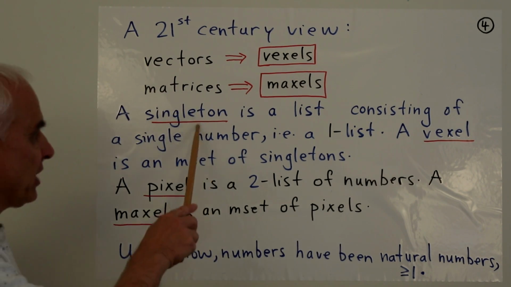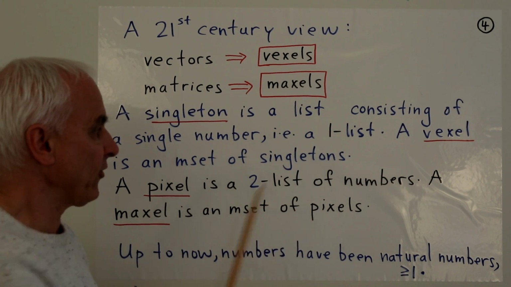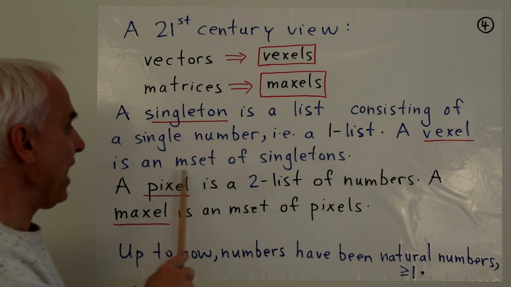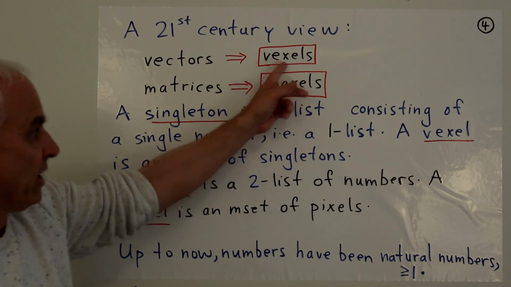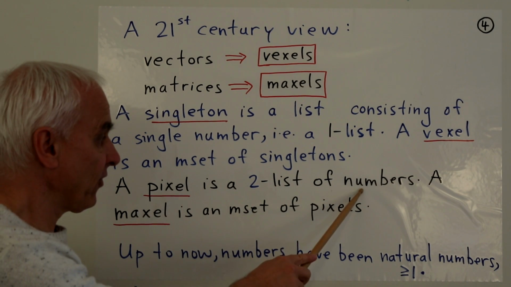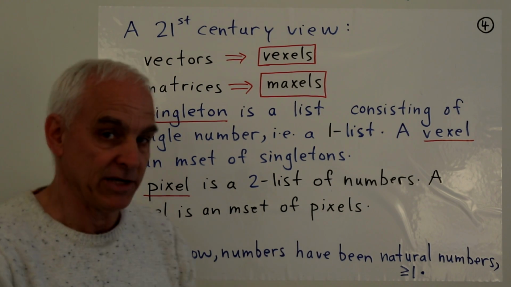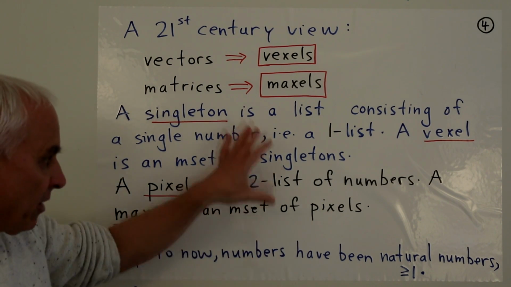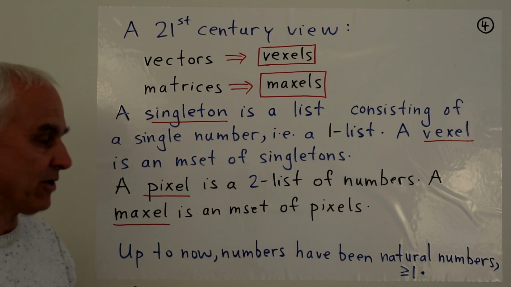Okay, so a singleton is a list consisting of a single number. In other words, it's a one-list. And then a vexel is an M-set or multiset of singletons. That's how we define what a vexel is. And a pixel is a two-list of numbers, and a maxel is an M-set or multiset of pixels. So here, very briefly, is how we build up what vexels and maxels are.